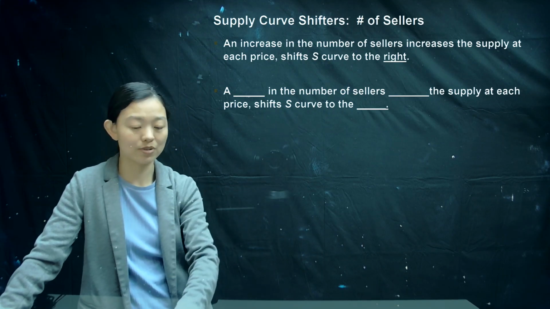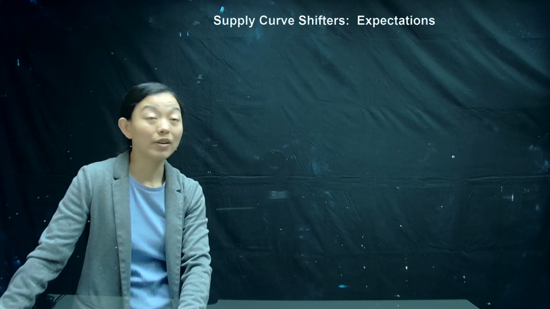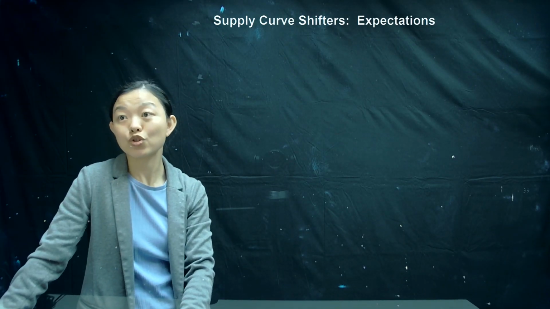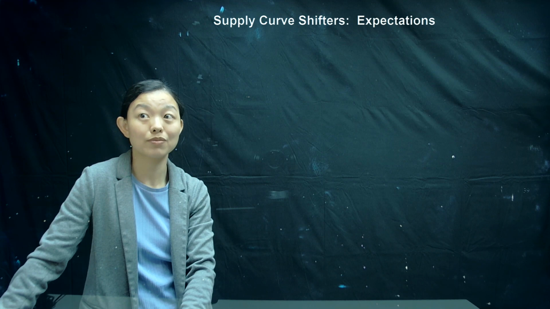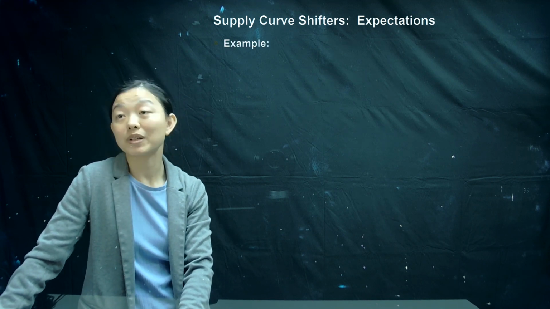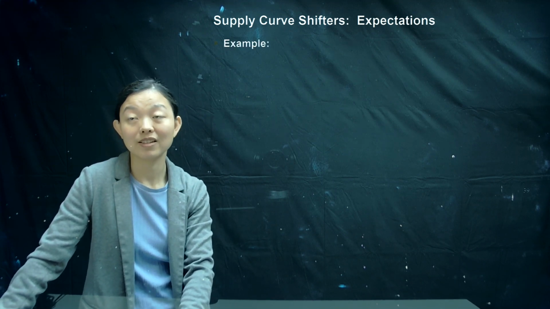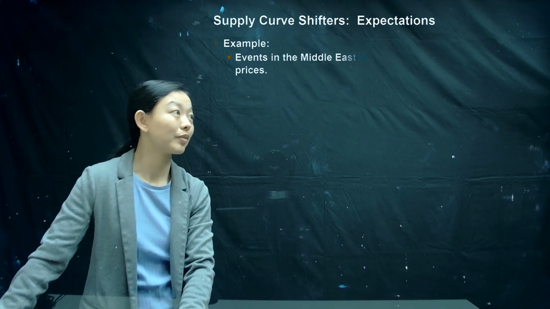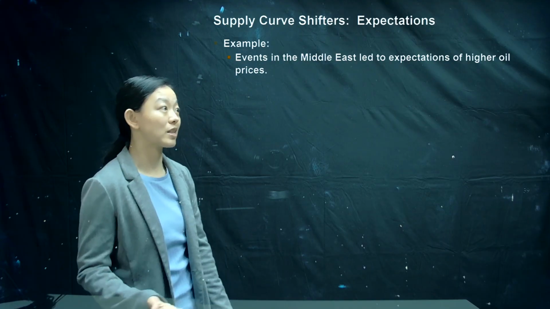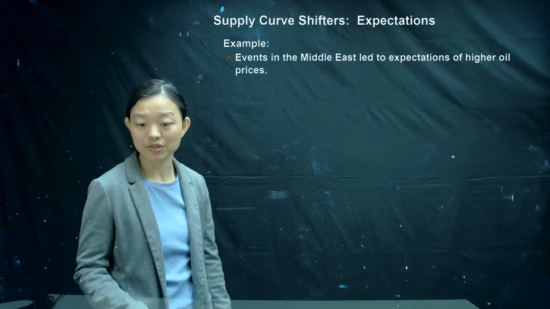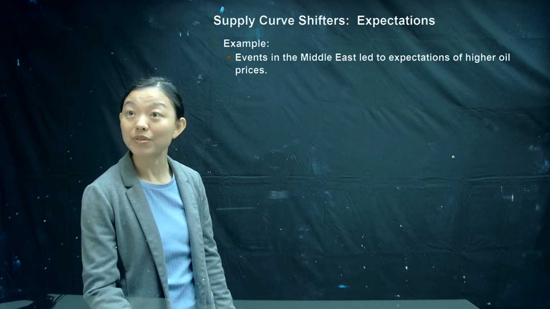Okay, for the last determinant, expectations. Not only will consumers have expectations in the market, sellers will also have expectations for the market. So expectations will definitely affect the supply curve. For example, some events in the Middle East will lead to expectations of higher oil prices. Then what will happen?